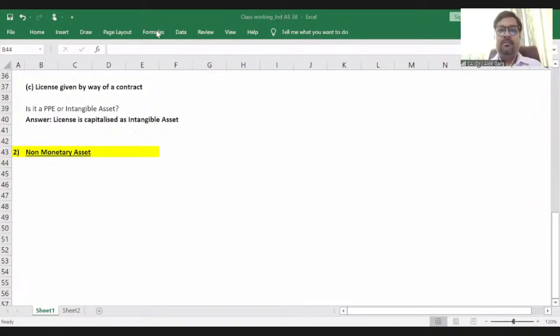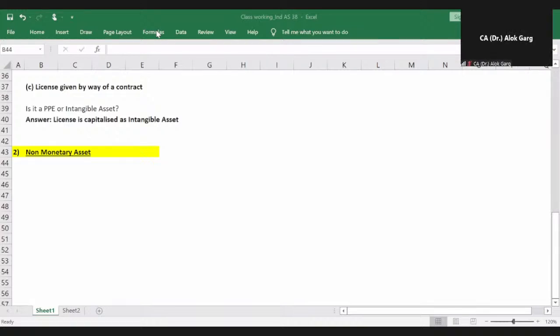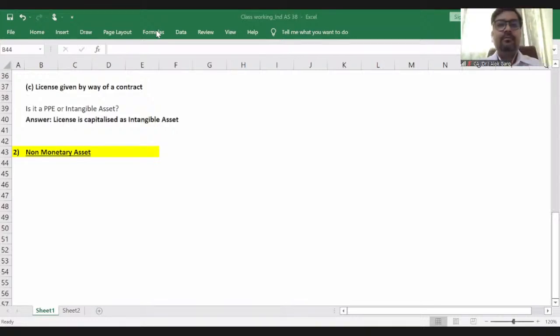Is it clear? What is meant by non-monetary asset? For understanding the non-monetary asset, first of all, let's understand monetary asset.